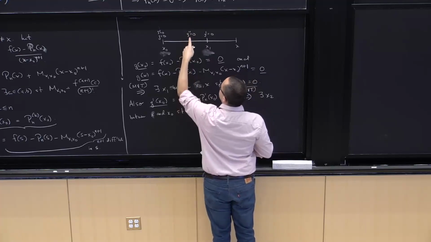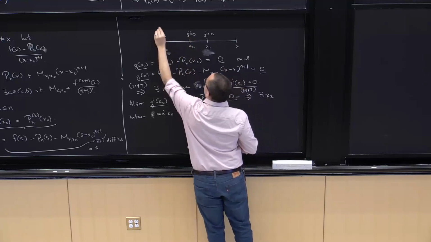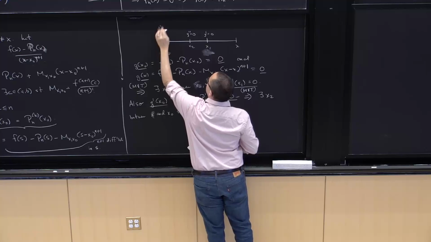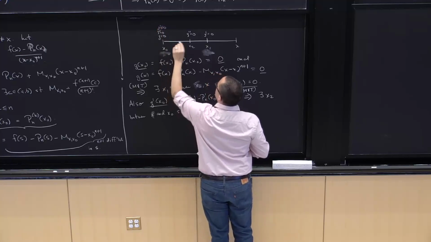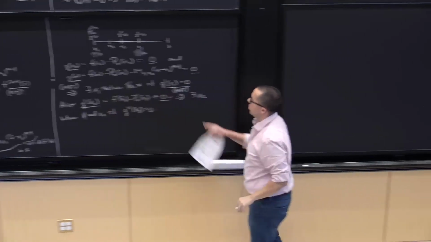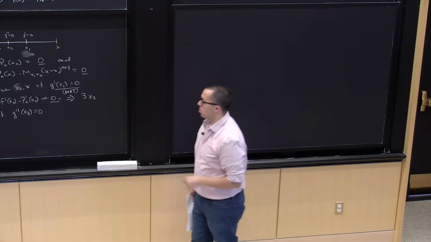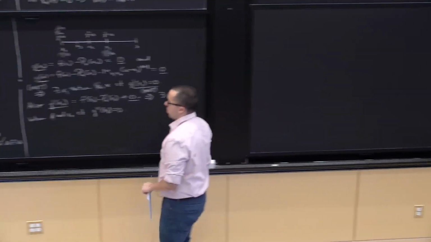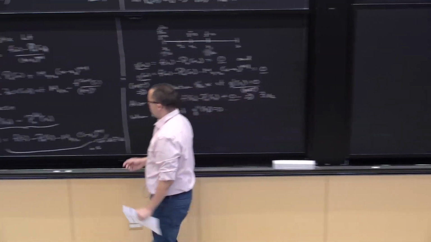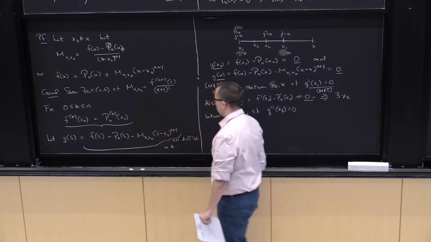So the fact that g double prime at this point is 0, and at x0 here we apply the mean value theorem again, and we get a point x3 in between them, where now the third derivative equals 0, and we can keep going up until a certain point. And what point is that? That's when I've taken away n derivatives here, and all that I have left here is s minus x0.